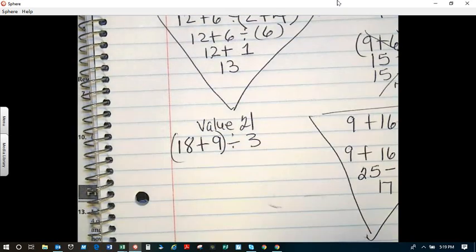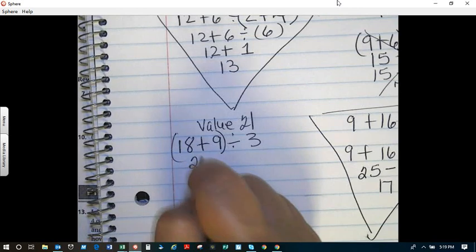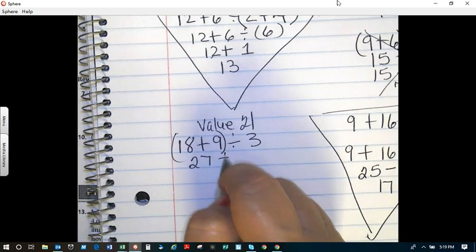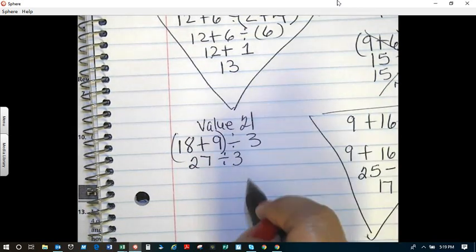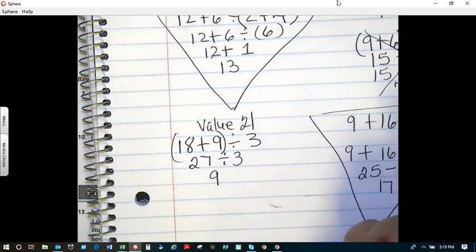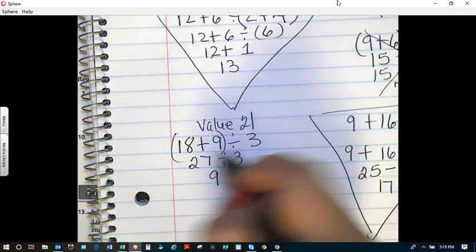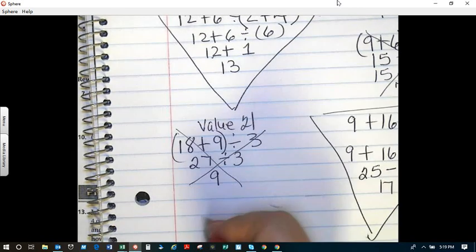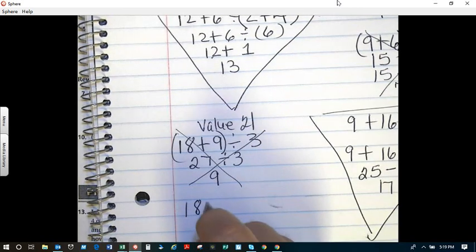What is 18 plus 9? Okay, 27. Good job. And now I have divided by 3, and what does that give me? Yeah, it gives me 9. And so, is that the value of 21? Nope, so that won't work. So let me rewrite my statement.